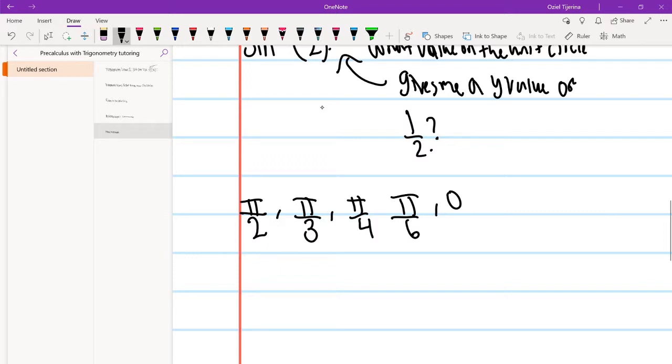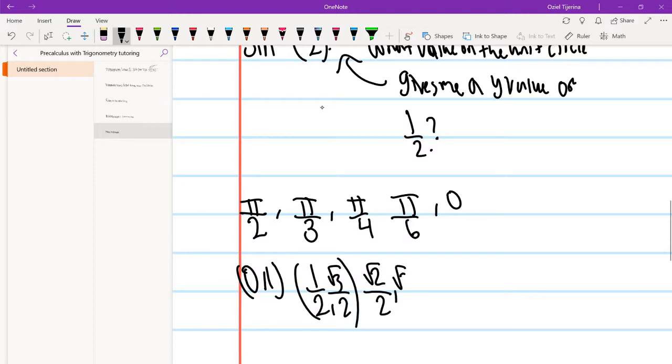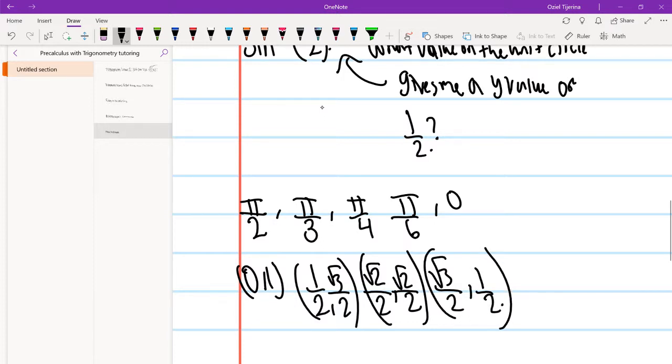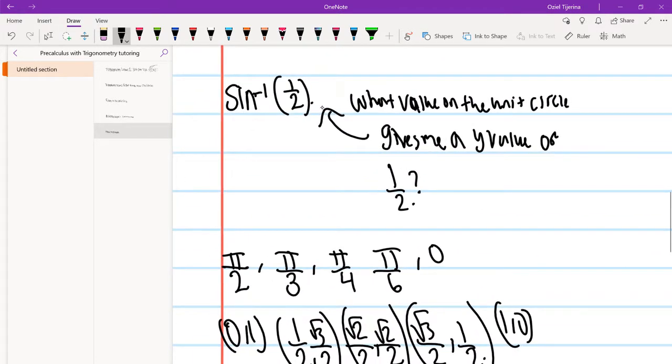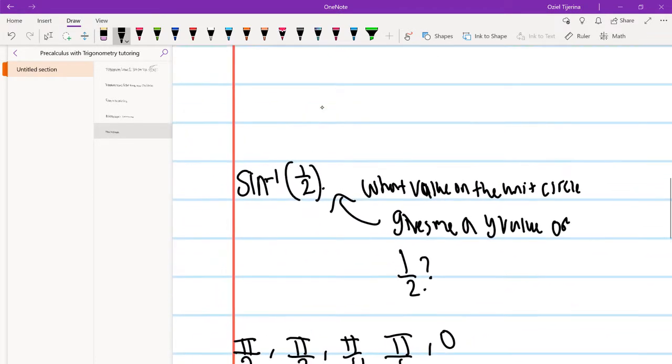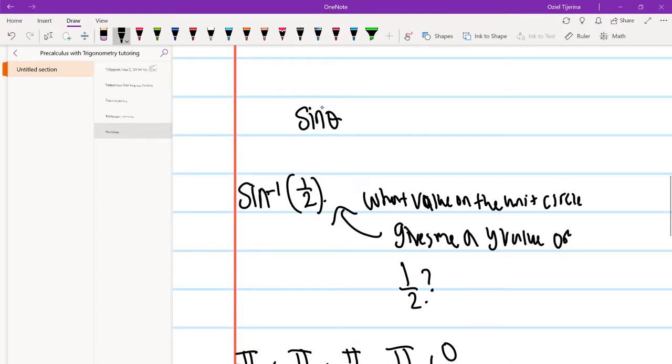And then you would do 0, 1, 1/2, the square root of 3 over 2, and then the square root of 2 over 2, the square root of 2 over 2, and then the square root of 3 over 2, 1/2, and then 1, 0. And one thing you should know is that sine of theta always equals y, and cosine of theta always equals x.